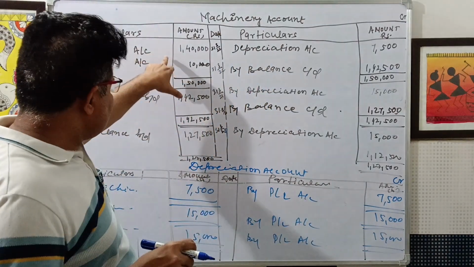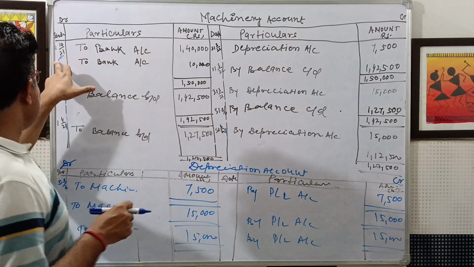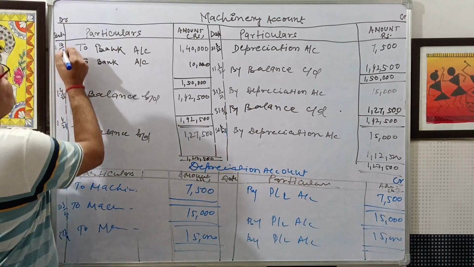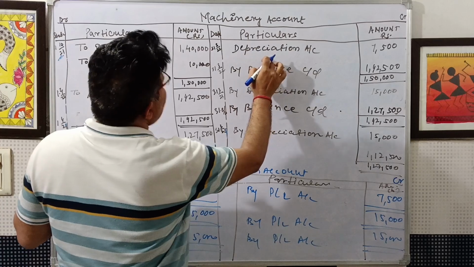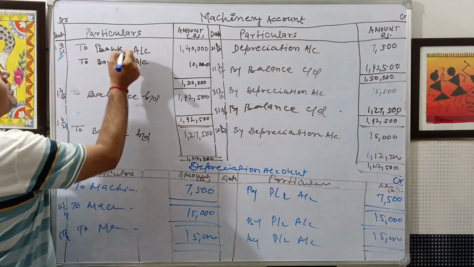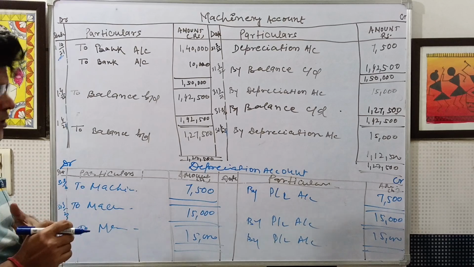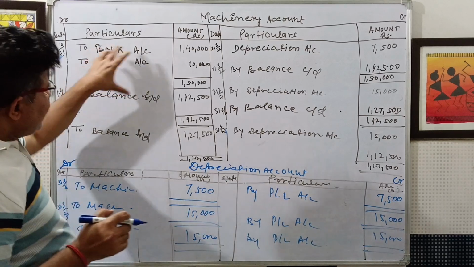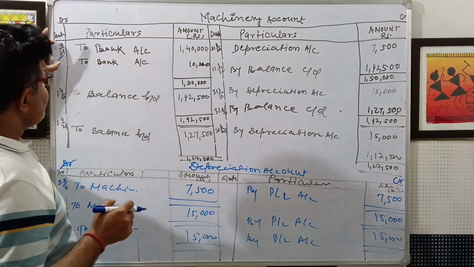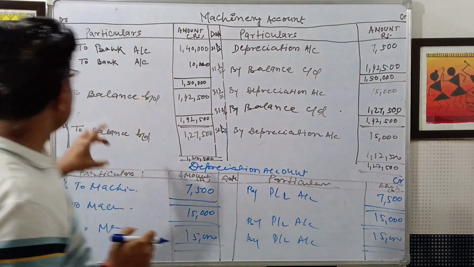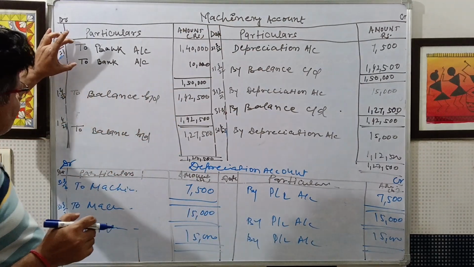So why is the date required? Because we mentioned 6 months only here. Why? Because we purchased the machinery on 1st October 2021. So from 1st October 21 to 31st March 2022, we used this machinery only 6 months.